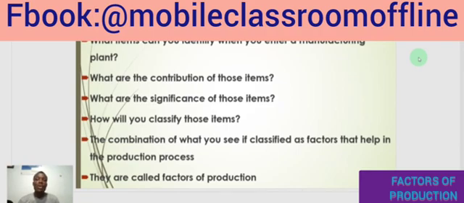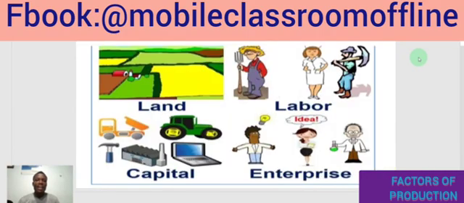Then when we put all this together, we refer to them as factors of production. So they are those things that are put together to make the production process possible. All the things that are needed to produce goods and services is what we refer to as the factors of production.